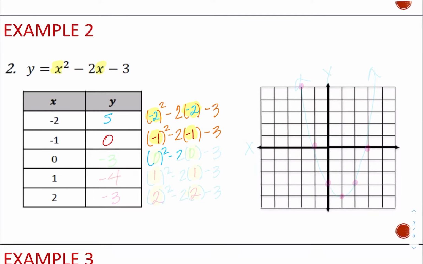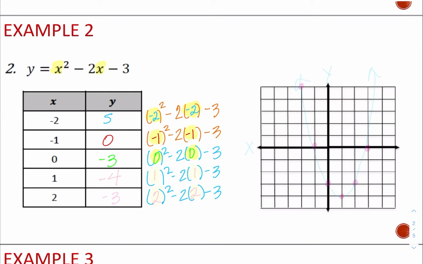So I'm going to go ahead and fill out all of these all the way down. Like I said, we mathematicians like to speed things up a little bit if at all possible. So this will help out your process. All right, and so next, my next value to input is 0. So I'm going to input 0 into this third row, keeping my highlights going. When you input 0, you should get a y value of negative 3.